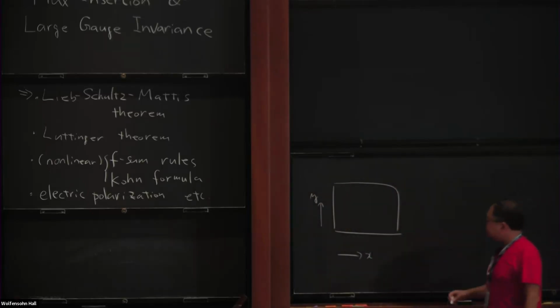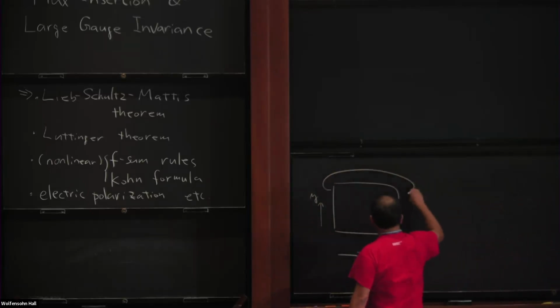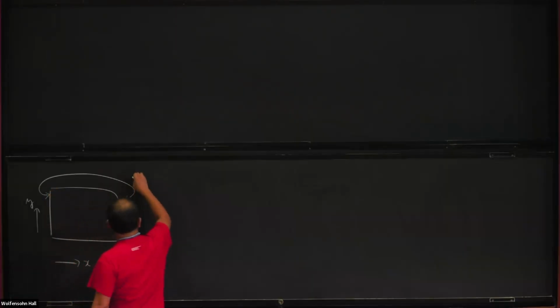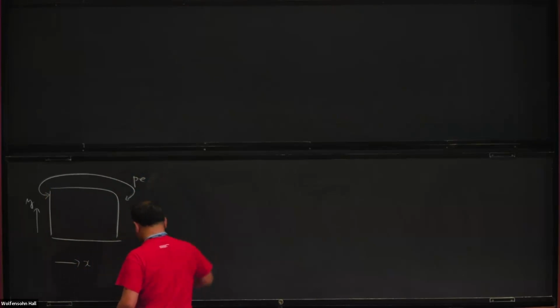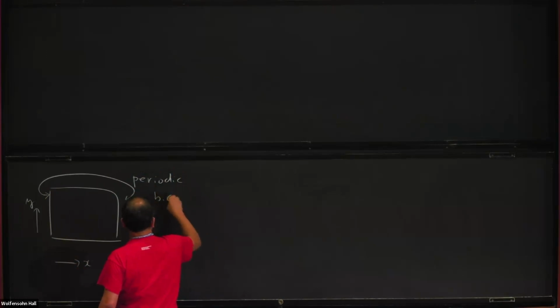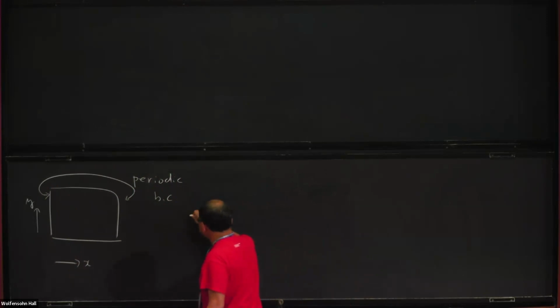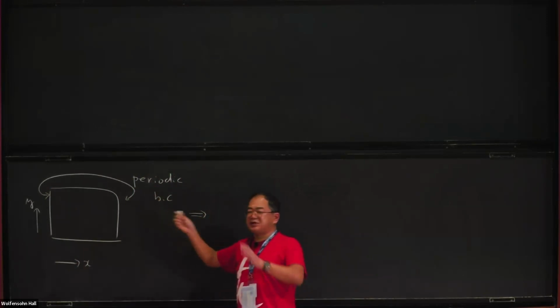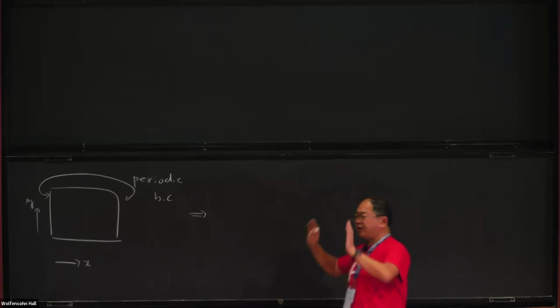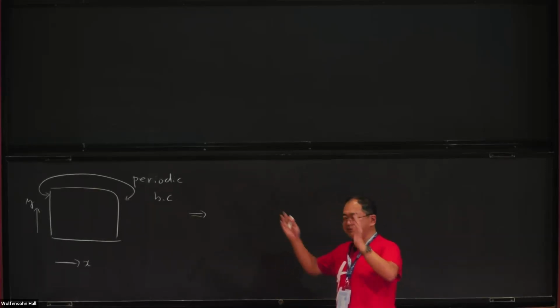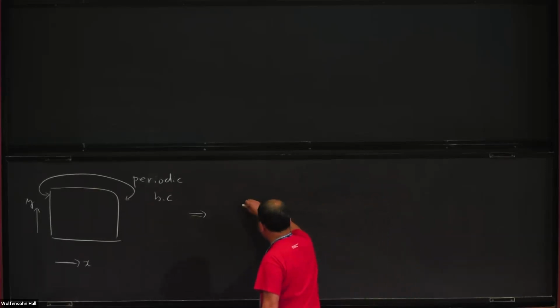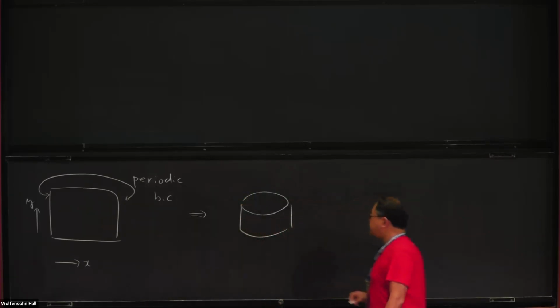And then I want to impose periodic boundary condition. Then this system may be identified as a ring embedded in a higher dimensional space, like this.